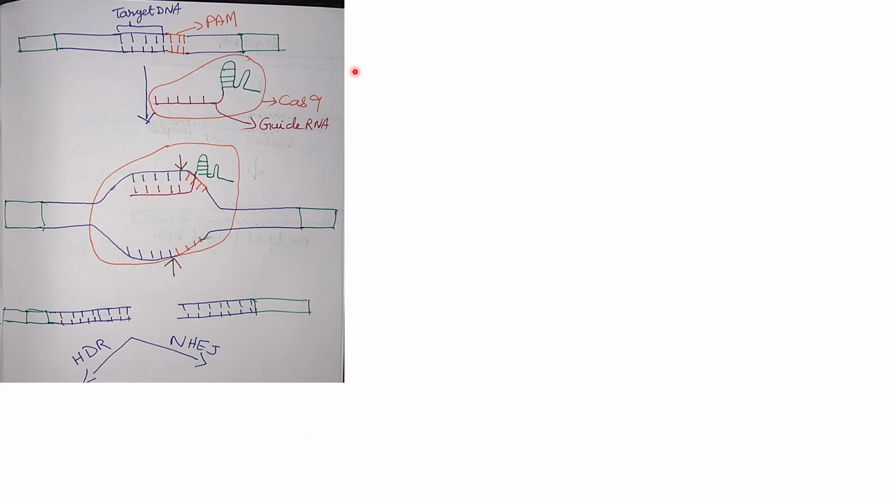For that, the scientist will design a guide RNA sequence which is complementary to the target DNA. So this is the target DNA, this is the PAM site, and this is the guide RNA sequence which is complementary to this particular target DNA. Then this gRNA, they will synthesize in the lab and insert into a plasmid.